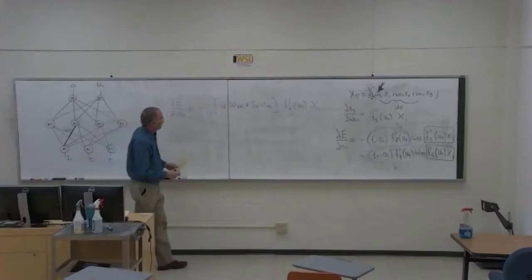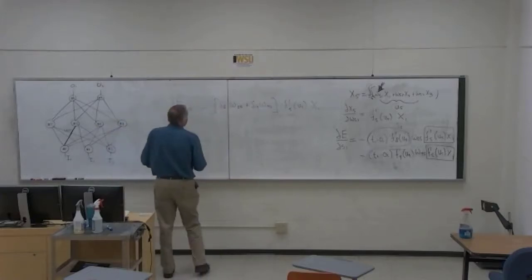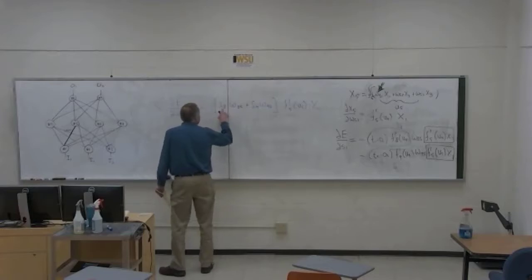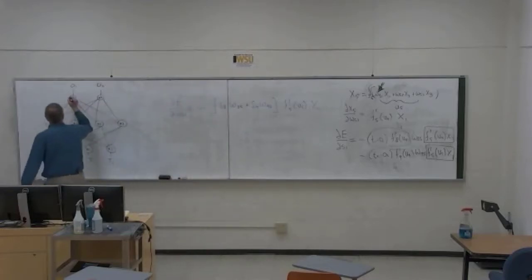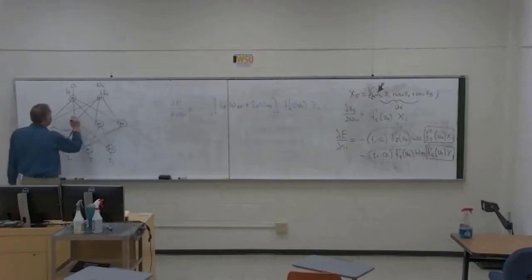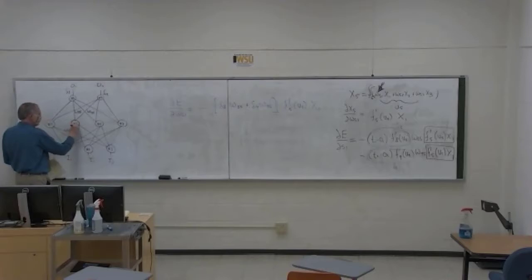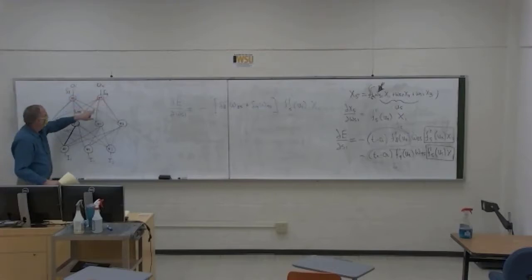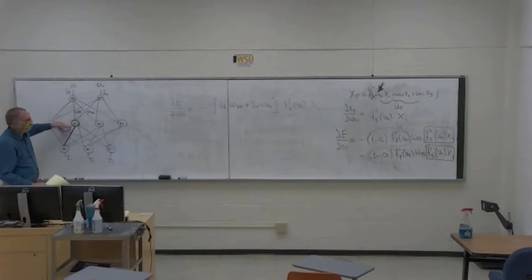All right, so look at this. This is the error delta at 8. This is the error delta at 9. And then that's the weight here going up there from the neuron we're talking about. So that's the sum of the errors in the neurons up here weighted by the weights that went up there from the neuron we're trying to adjust.